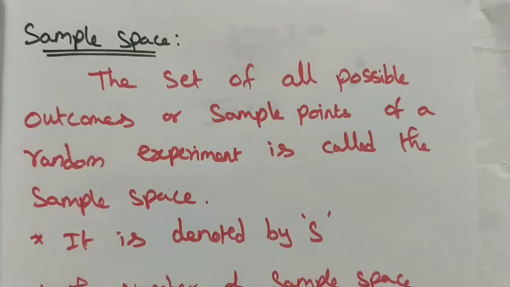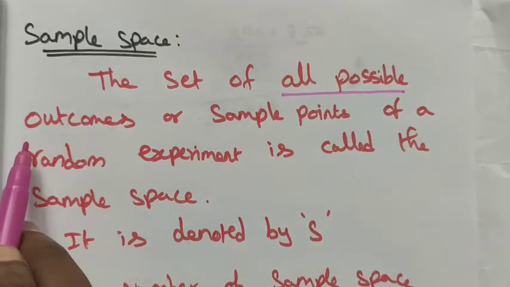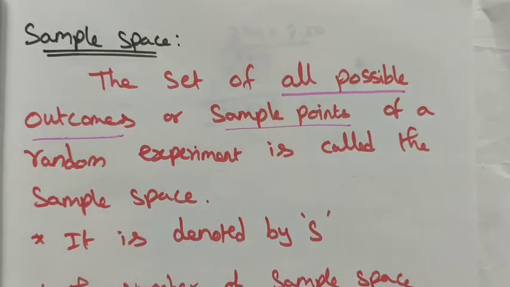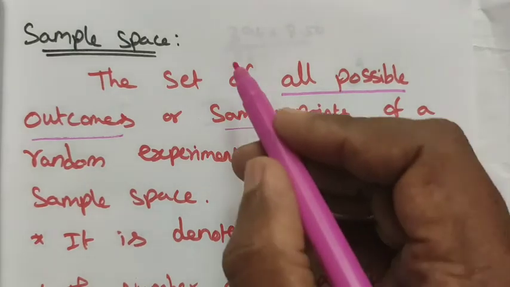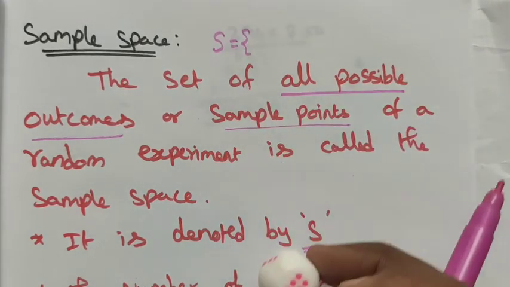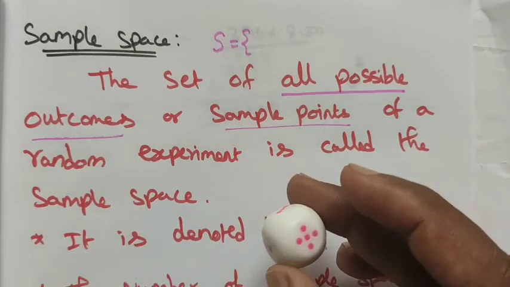Next we see the sample space. Sample space is the biggest set: the set of all possible outcomes or sample points. All the possible outcomes or sample points of a random experiment are called the sample space, and the sample space is denoted by S. Now, if I throw the dice, what are the possible outcomes?